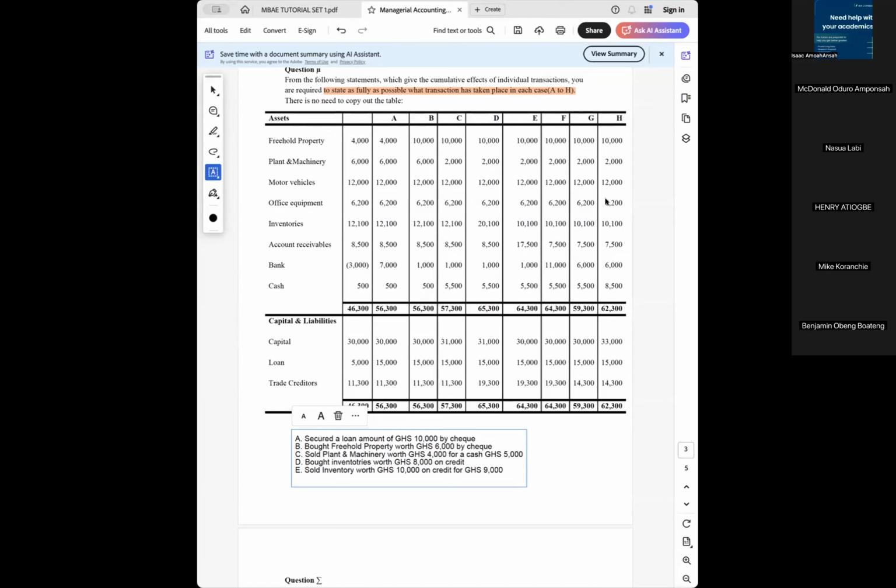Yes, at a point I was not hearing you. So if you could come again. You said there was a decrease in account receivable, and also an increase in bank, meaning that our creditors most likely paid us back some money, and we received it as a bank transaction.